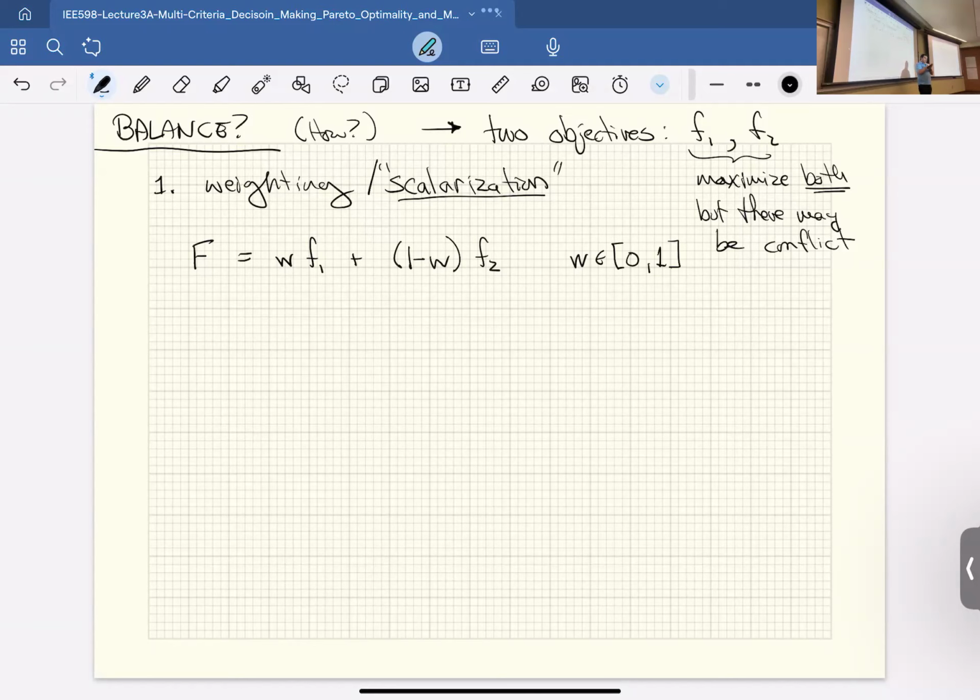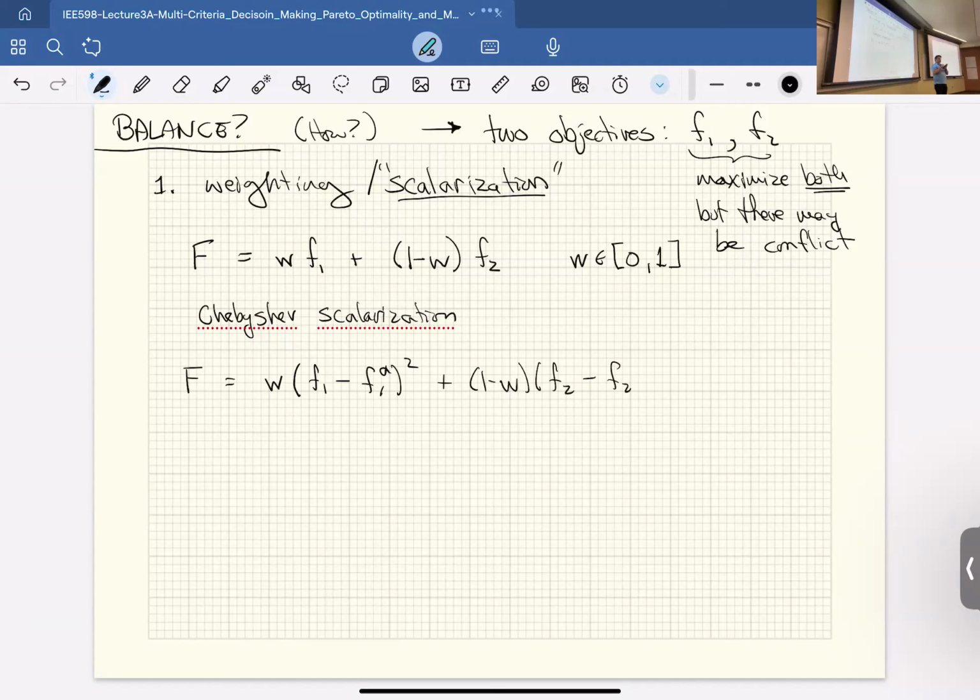Another way to do that is so-called Chebyshev weighting, or Chebyshev scalarization. I could say F is equal to a weight W times the difference, F1 minus F1 star squared, plus (1 minus W) times F2 minus F2 star.